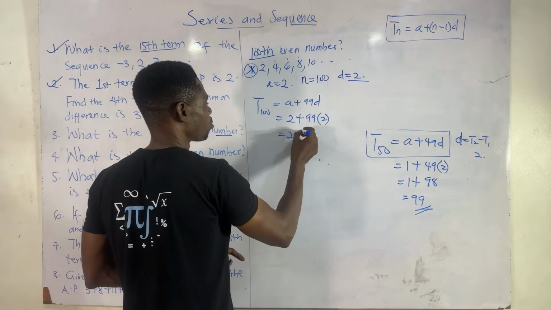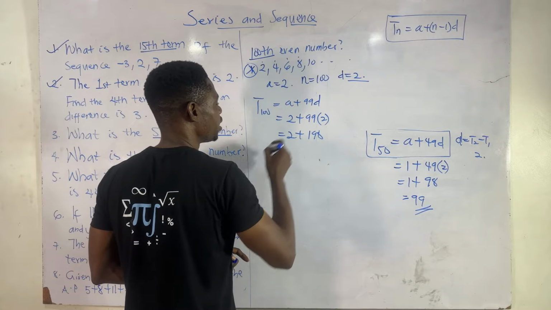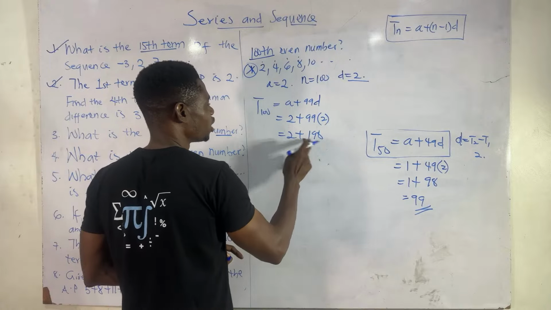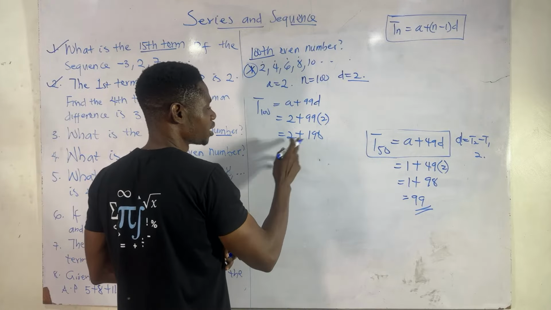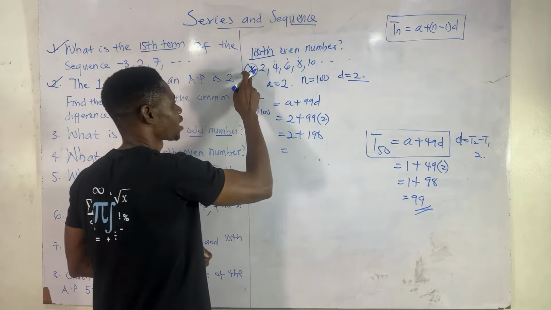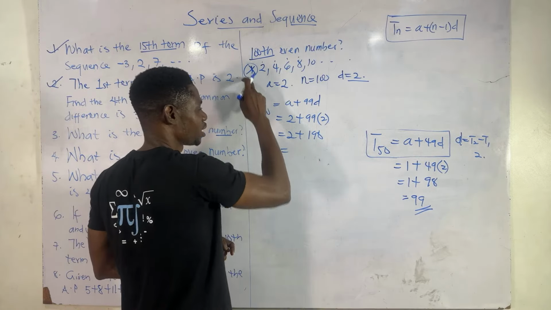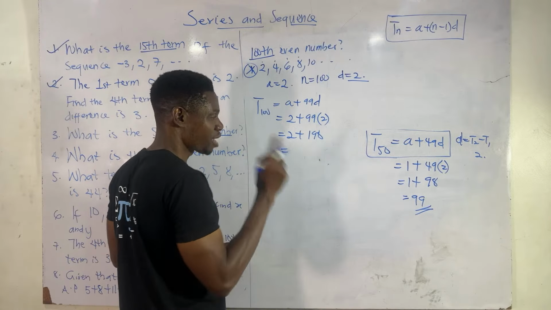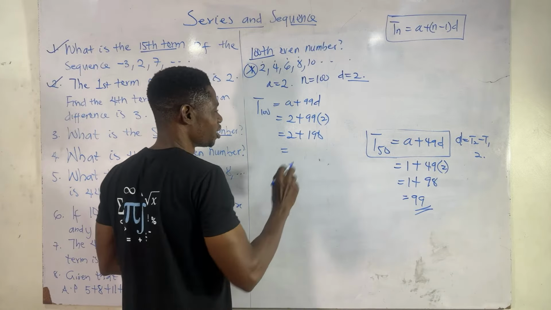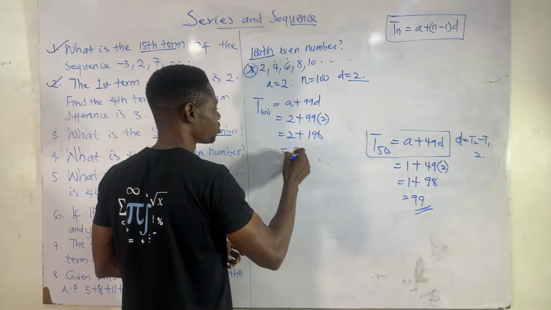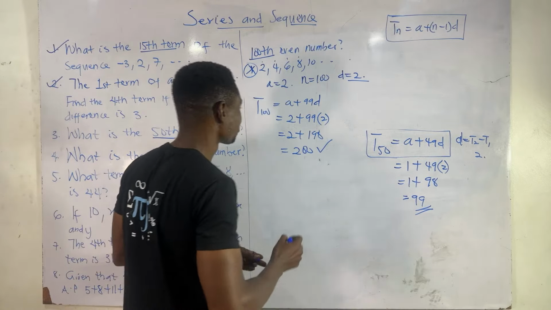So you have 2 plus 198, right? So 198 plus 2. I know most of you are getting 199. You chose 1 as your first term. So that's the first mistake. 1 is not an even number. So it is 2 that is the first even number. So take note of that. So this plus this is 200.